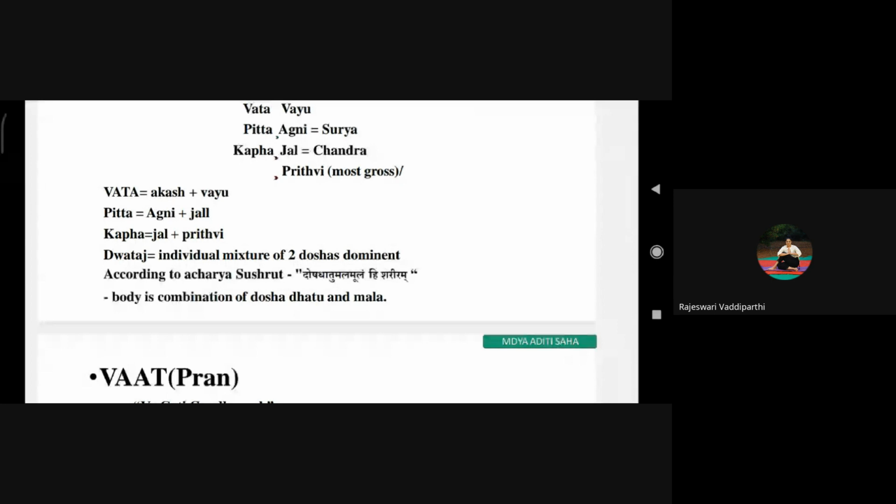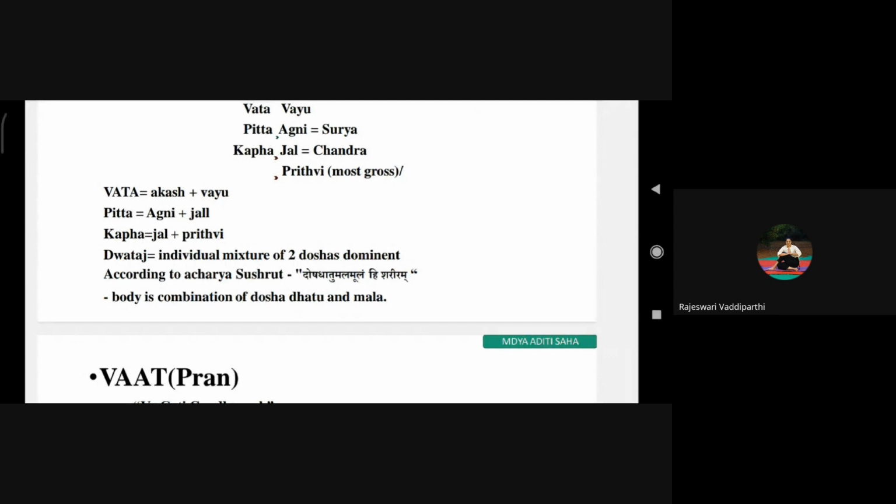Generally it is seen that one particular dosha among these three is dominant, but sometimes a person can be seen with two doshas dominant. That person is known as Dwandwaja.